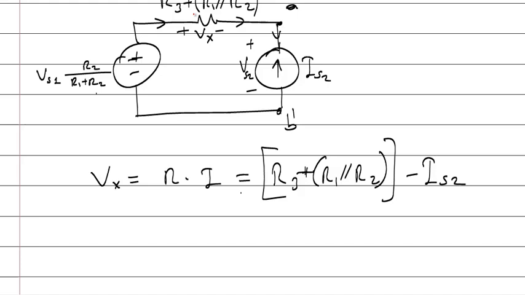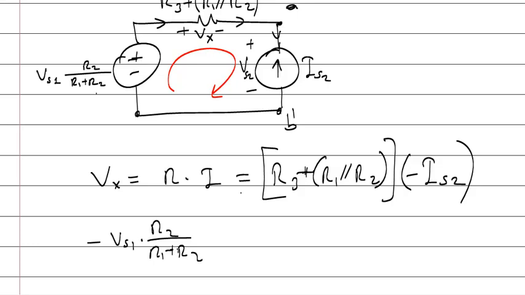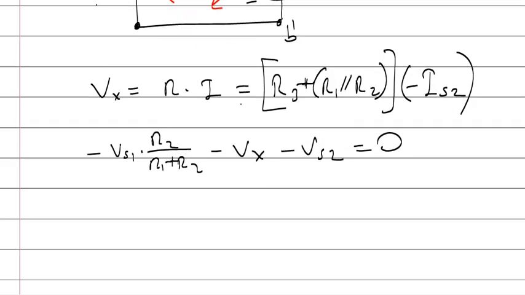If you apply a KVL, look. Start from here. There is a voltage increase of Vs1 times R2 over R1 plus R2. There is a voltage drop of Vx, and there is a voltage of source 2, and the summation at the same point is 0.